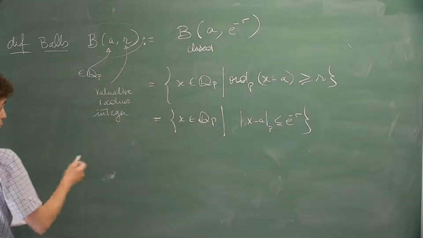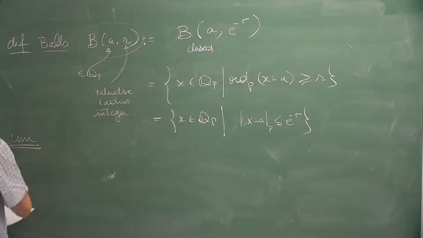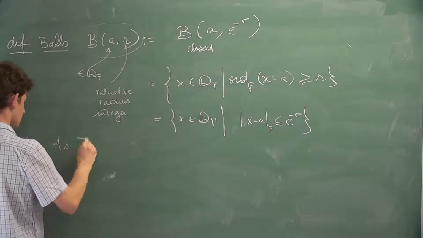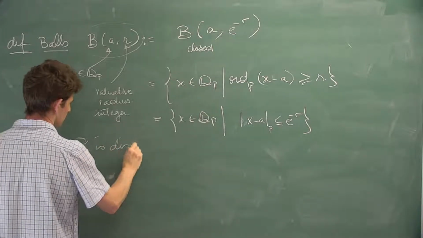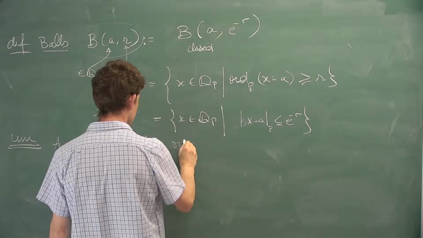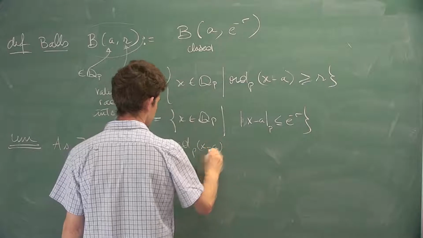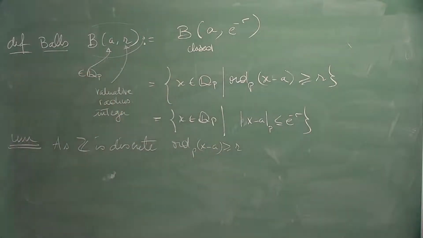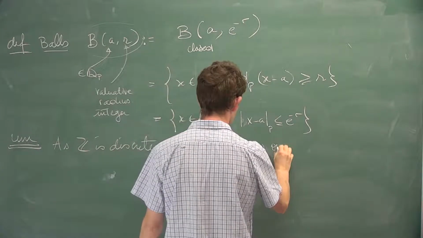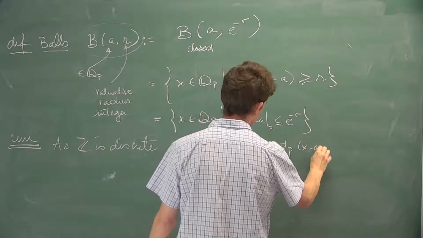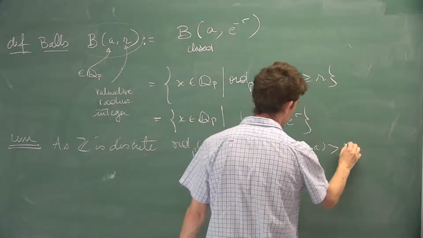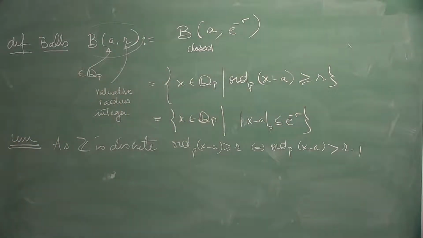Okay, so some remark. So you see, as Z is discrete, then this is the same as saying that order of (x minus a) is larger or equal to r, or order of (x minus a) is strictly larger than r minus 1. So you have this remark.